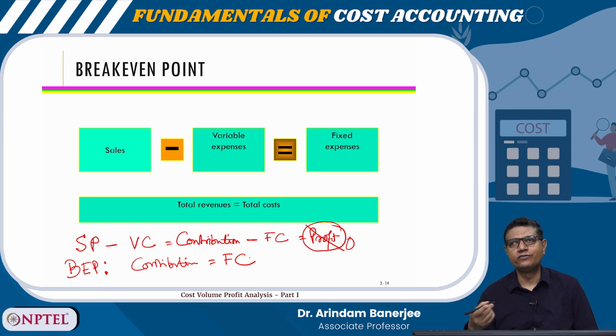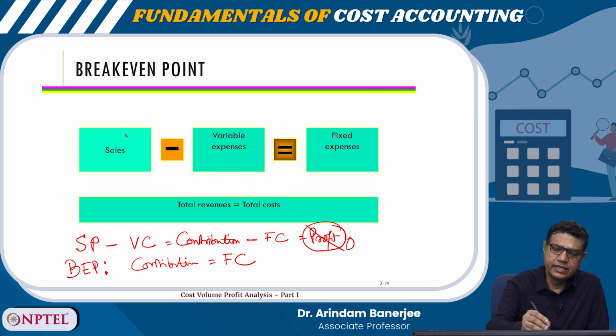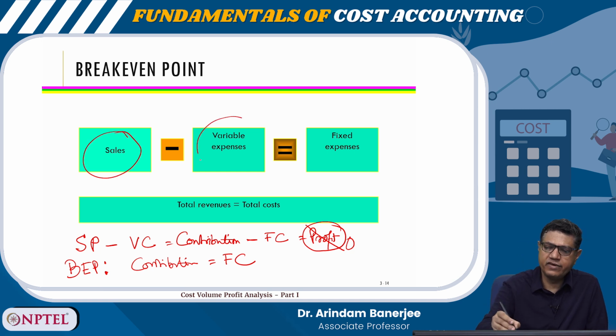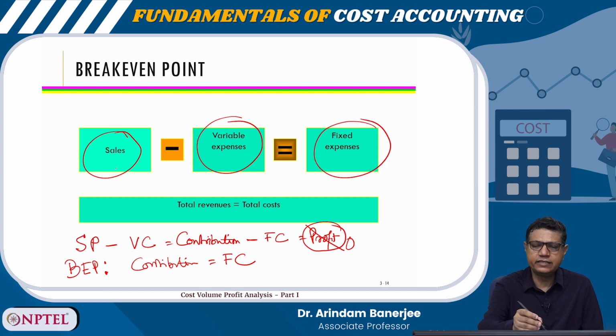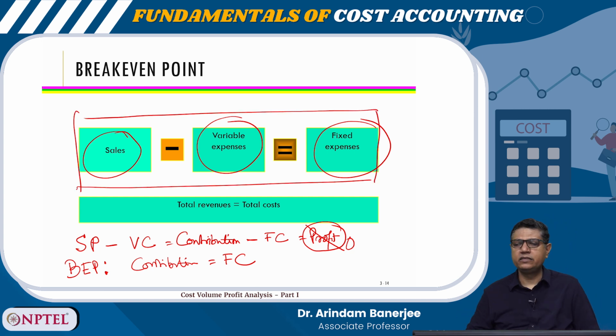I can rewrite it like this: sales minus variable cost is equal to fixed cost, because originally sales minus variable expense is contribution, and contribution is equal to fixed expense in case of break-even sales. So, sales minus variable expense is equal to fixed expense, fine. So, this is another relationship.